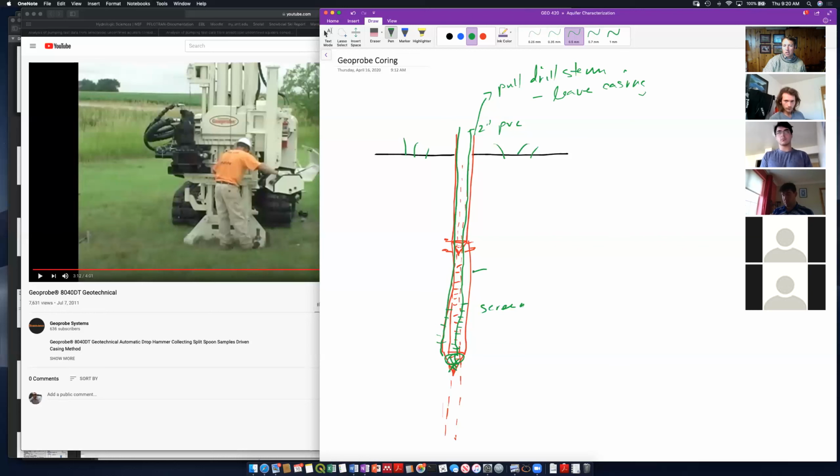And then the material collapses in on your casing.